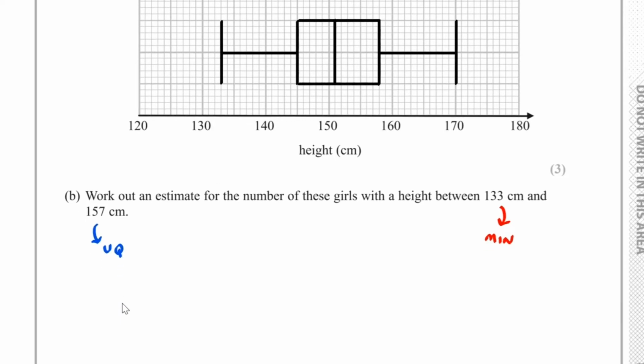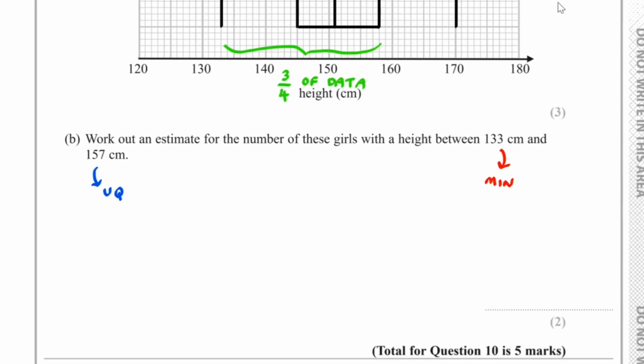So when we come to work out the estimate for the number of these girls with a height between 133 and 157, hopefully you can see that would be 3/4 of the data.